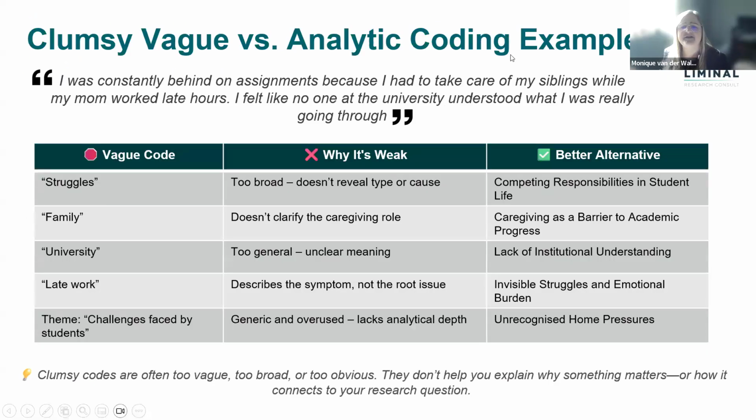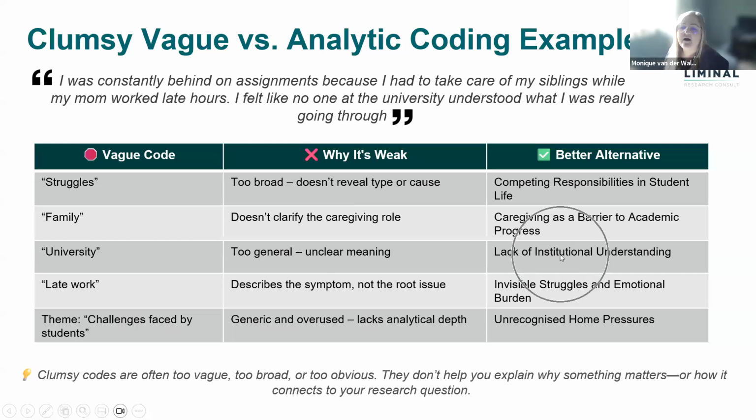Looking at the fact that they had to take care of their families, we could have had a vague code of family or university, or that their work is late. However, again, it doesn't really clarify the specifics. There's unclearness, and if we look at late work, it describes the symptoms and not the root issue.